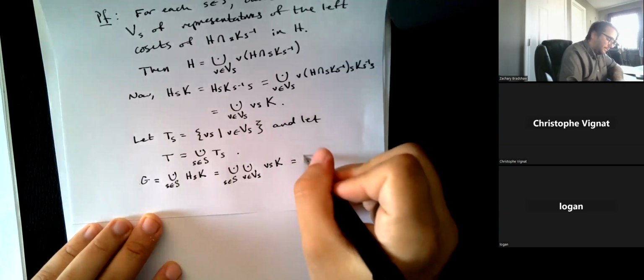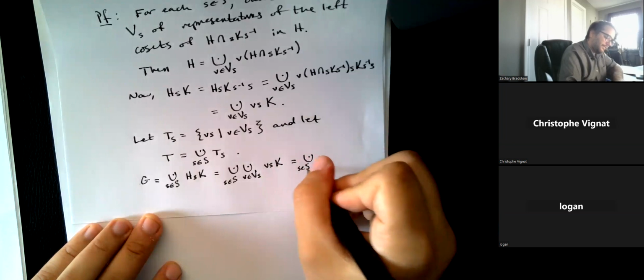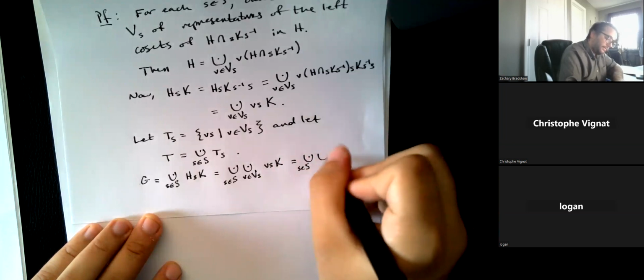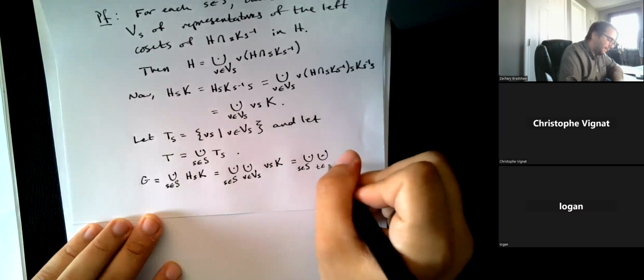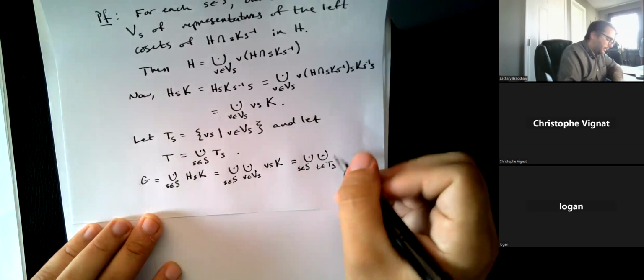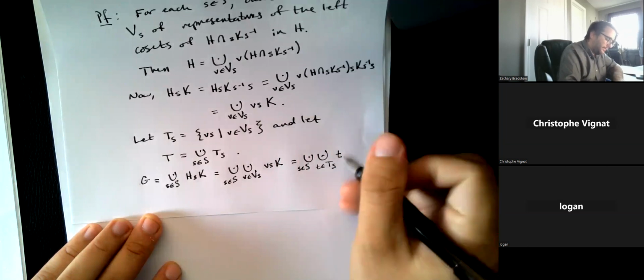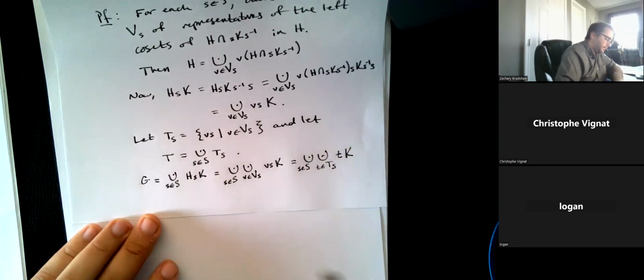And this is the disjoint union over S in S, disjoint union over T in T_S of T K. That's coming from the definition of T_S.